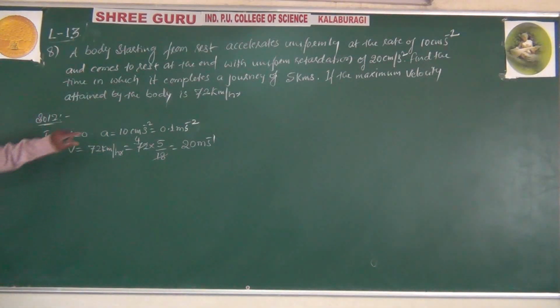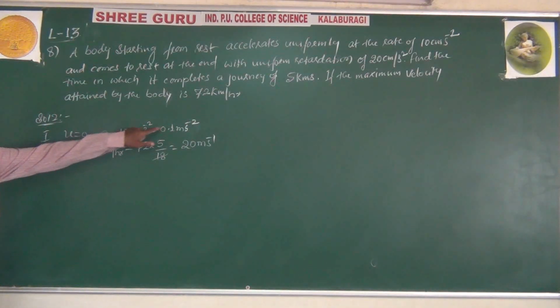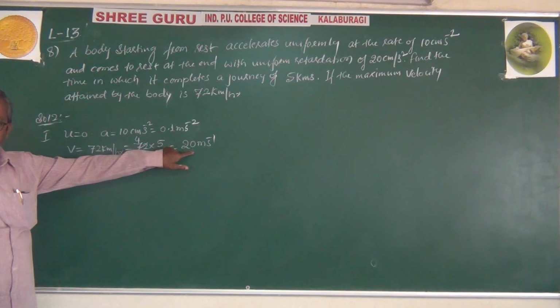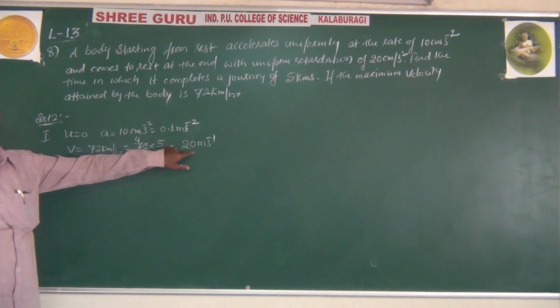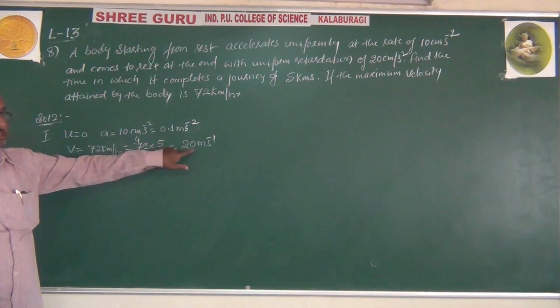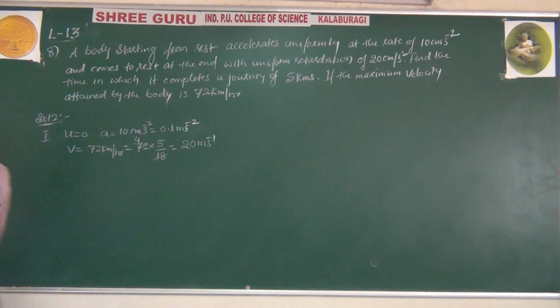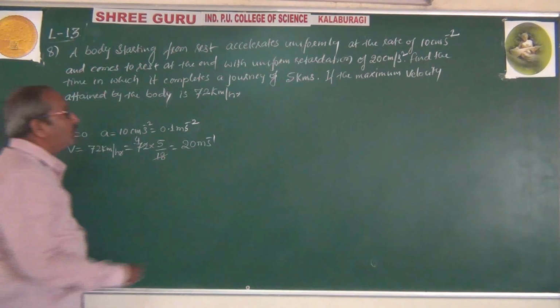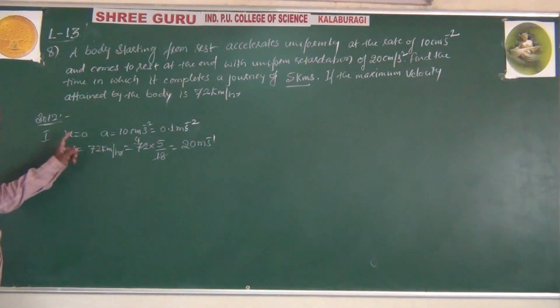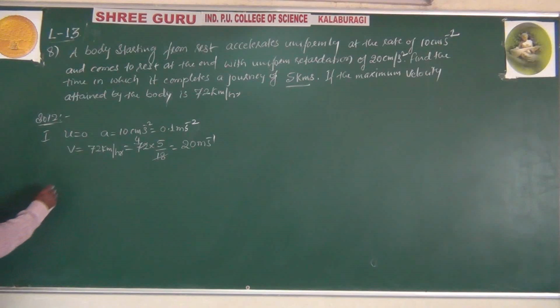So for this acceleration with initial velocity 0 and final velocity 20 meters per second, how much distance will be covered and how much time it will take? So first that we have to figure out. Because here the total distance traveled is 5 kilometers. For this part, how much distance will be covered and how much time it will take.